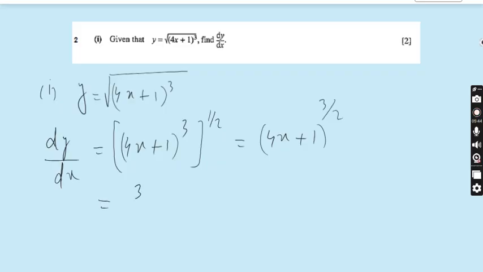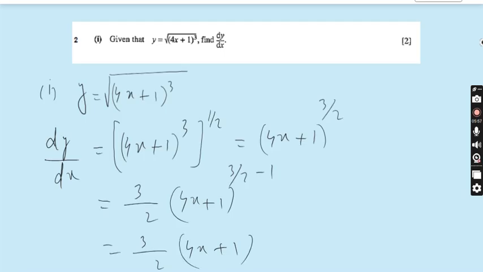Now find the derivative. Write the power first, then subtract 1 from the power. 3 upon 2 (4x plus 1), power 3 upon 2 minus 1, 2 ones are 2, 3 minus 2 is 1, so power 1 upon 2. Oh sorry, one more thing.